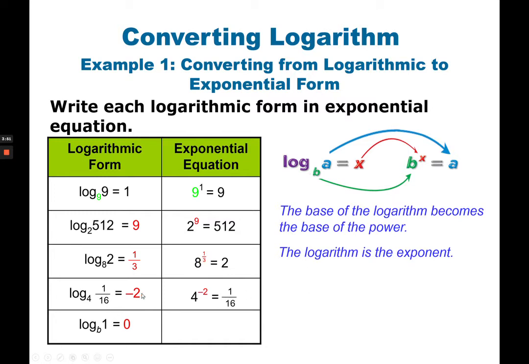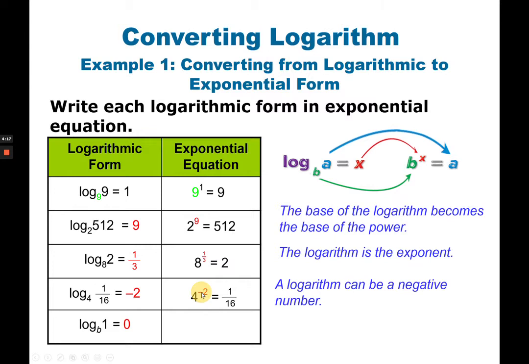If you have a negative value of the logarithm, it means the exponent becomes negative, and so this is going to be a fraction: 1 over 4 squared, and 4 squared is 16, so 1 over 16. How about if you have log base b of 1 is equal to 0? It means a logarithm can be zero.